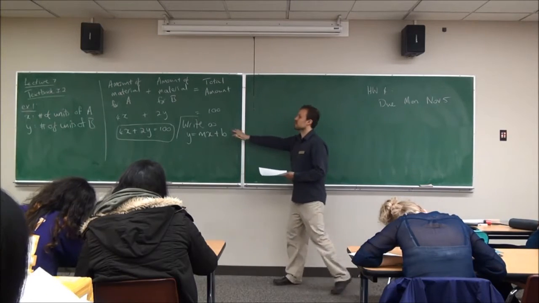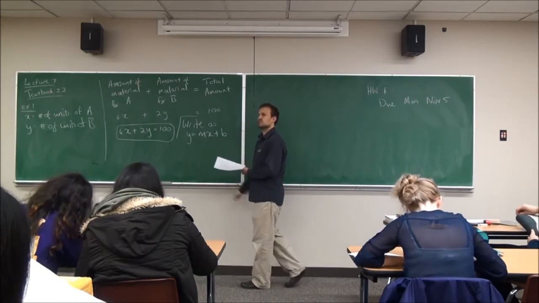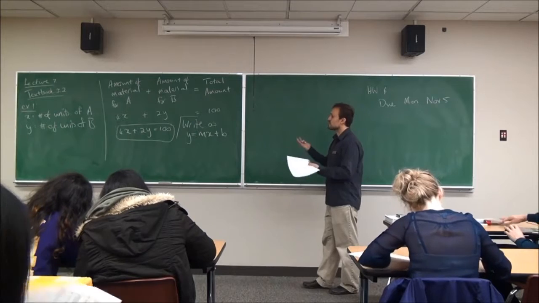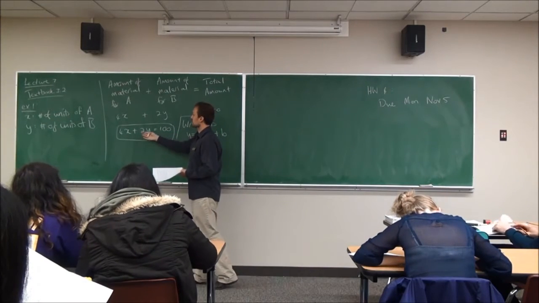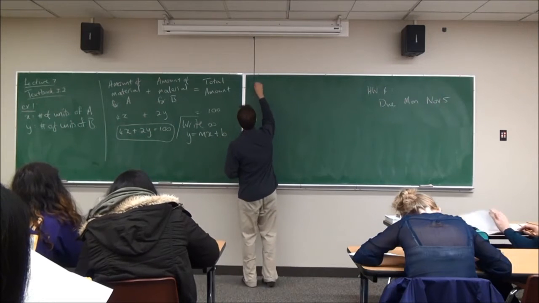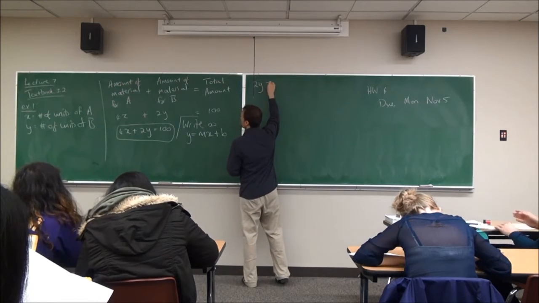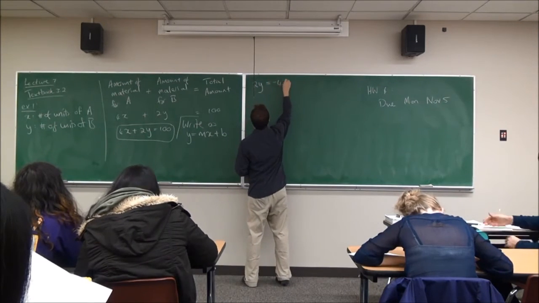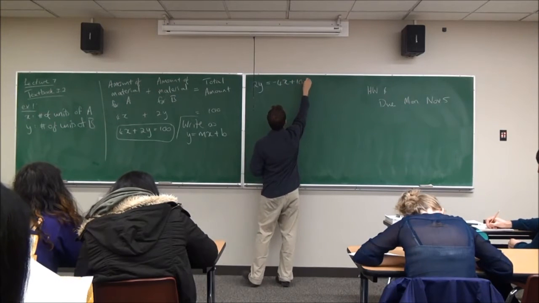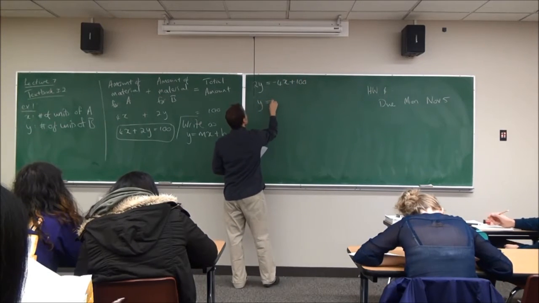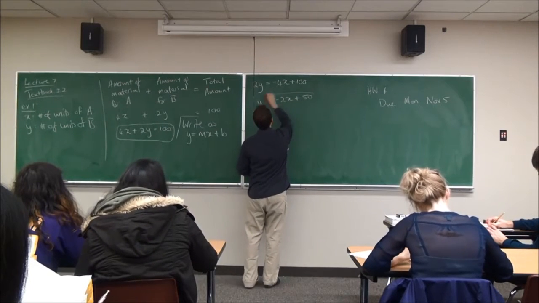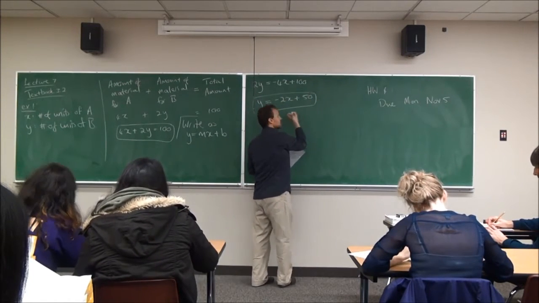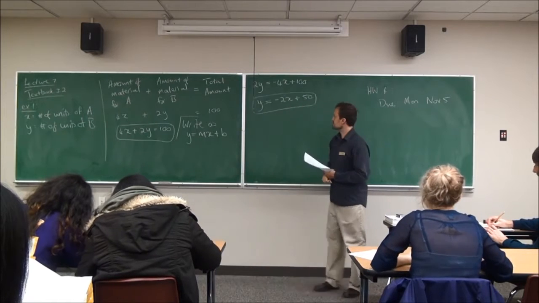This form, for me personally, is a little bit nicer to look at. It's the same equation. All I have to do from this one is solve for y. So I get that 2y is equal to negative 4x plus 100. So y is equal to negative 2x plus 50. That's the same equation. I just like the way this one looks.